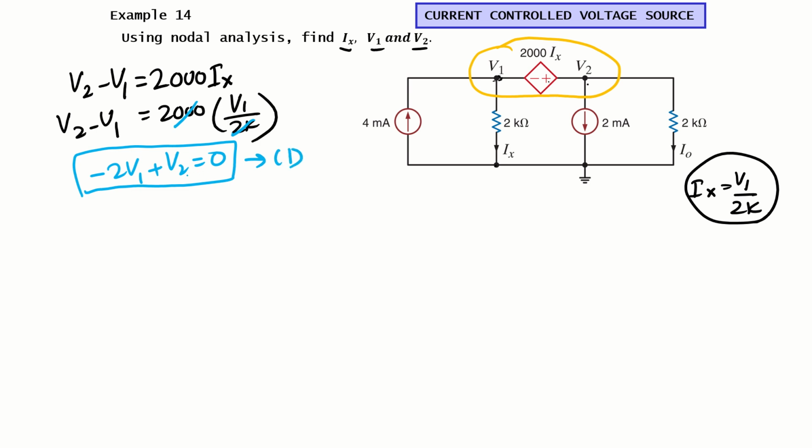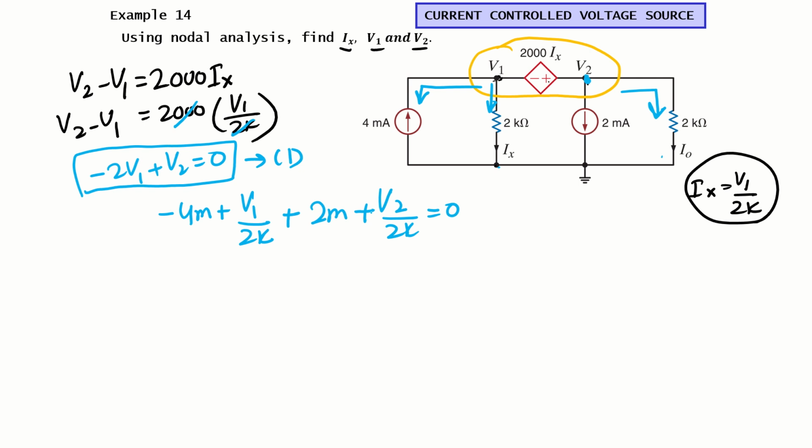Now second, let's write the nodal equation. The current leaving V1 includes this one and this one, so we write minus 4 milli plus the current through 2k, which is V1 minus 0 divided by 2k. Then the current leaving V2 is 2 milli plus the current through 2k, which is V2 minus 0 divided by 2k, equal to 0.